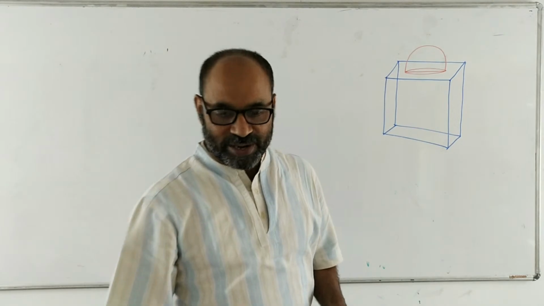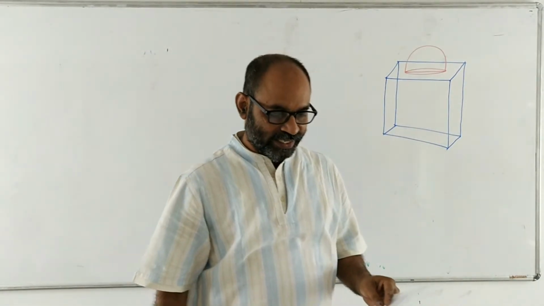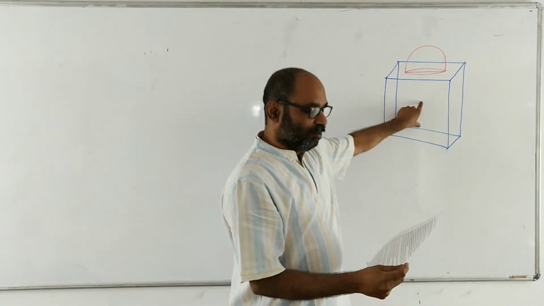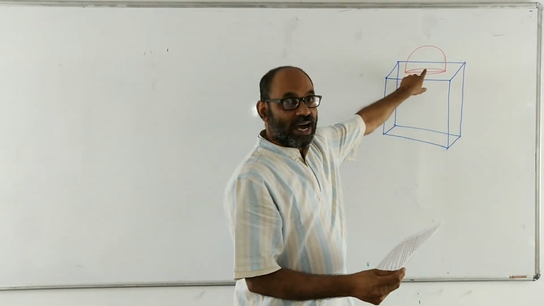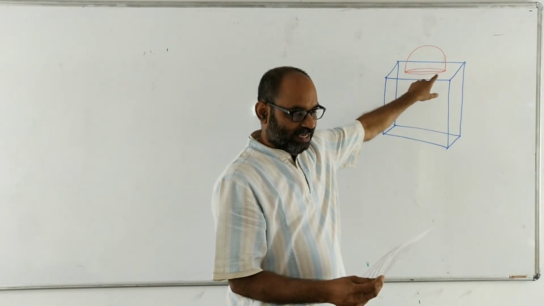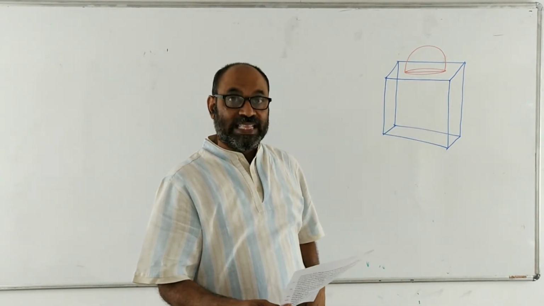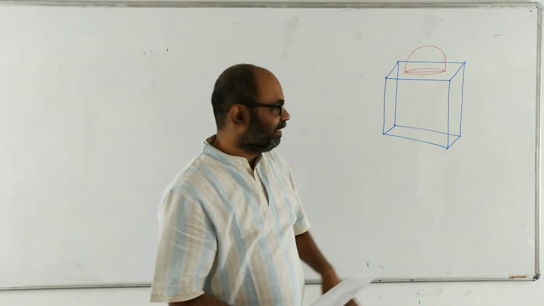Here is one decorative block. Alright? It's made up of two solids. A cube, the blue one, and a hemisphere. Alright? The base of the block is cube with edge 5 centimeter.